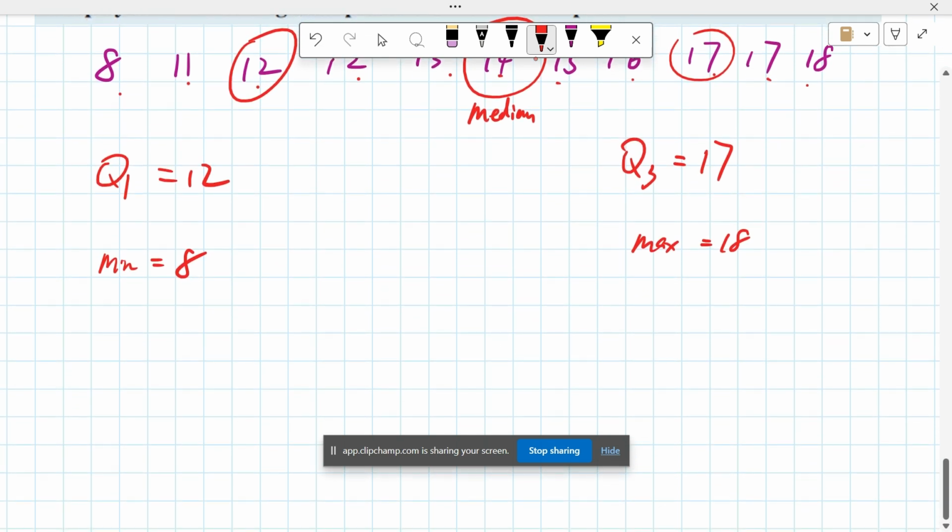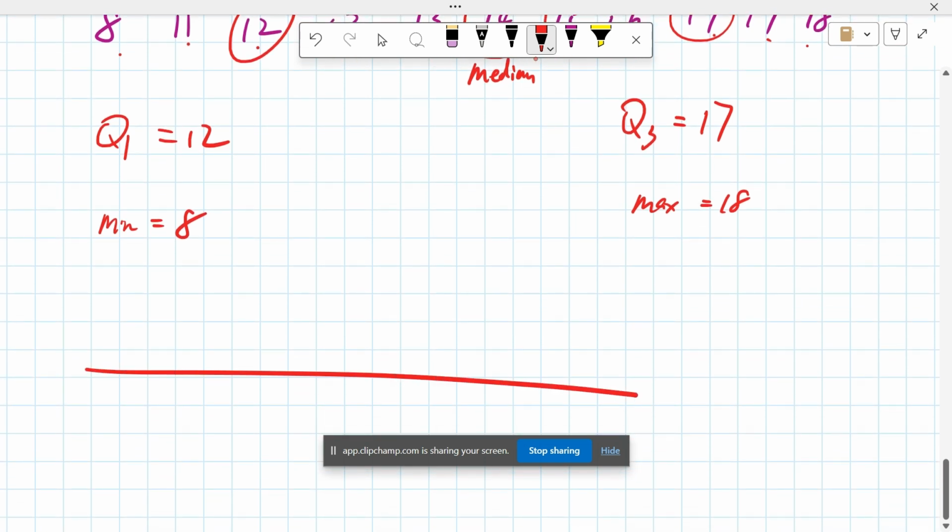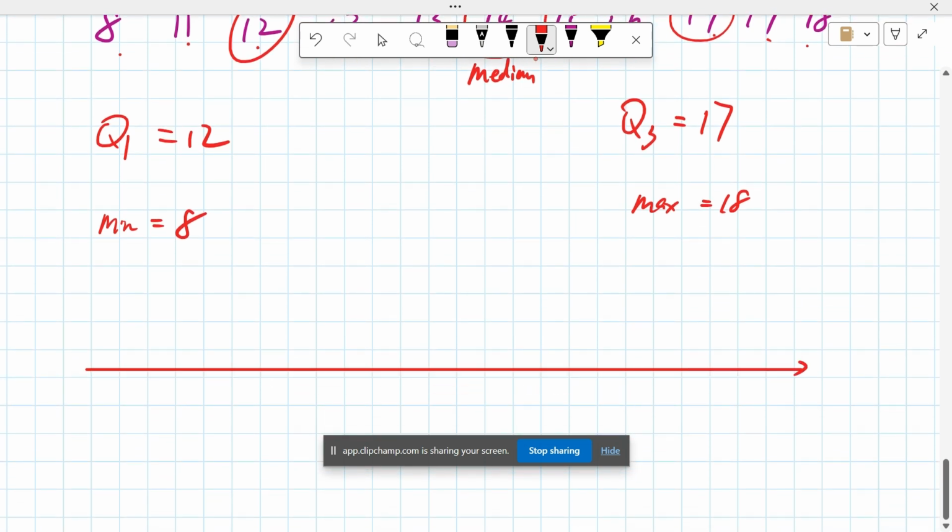The box plot. So now we're going to try to draw this box plot. I'll start with 7, 8, 9, 10, 11, 12, 13, 14, 15, 16, 17 and 18. Oh my god, my bad, I meant to go to 19, but that's my bad.